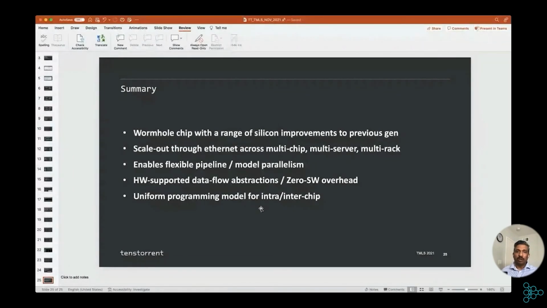We have a lot of hardware-supported dataflow abstractions to make sure the tensor moves with very little overhead. And last but not least, the most important thing is that it provides a uniform programming model for inter-chip and intra-chip. Thanks, Senthil Nathan, for the talk.